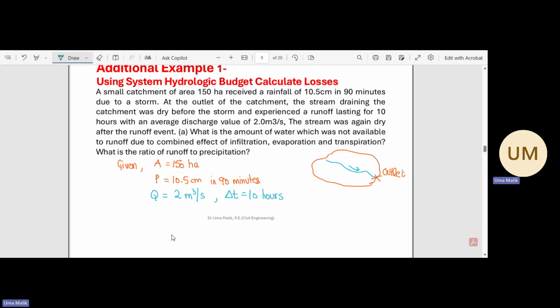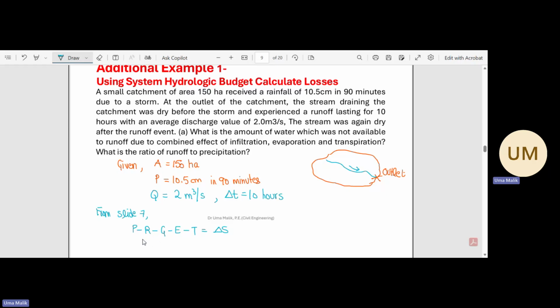What is the amount of water which was not available to the runoff? From slide 7, I just mentioned that P minus R minus G minus E minus T is equal to delta S, my hydrologic budget equation.